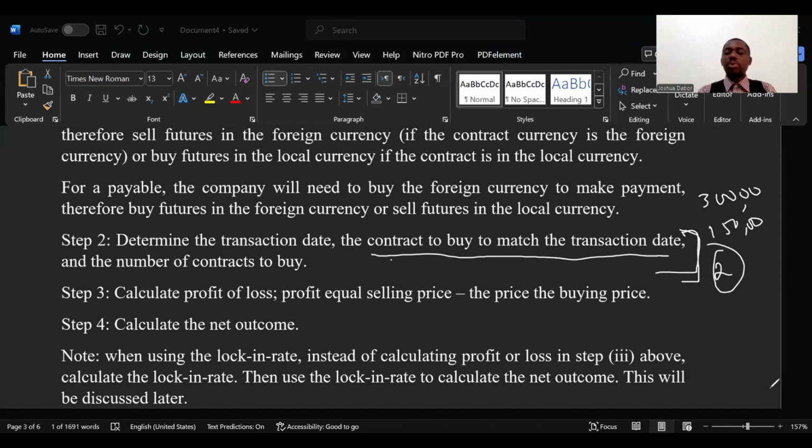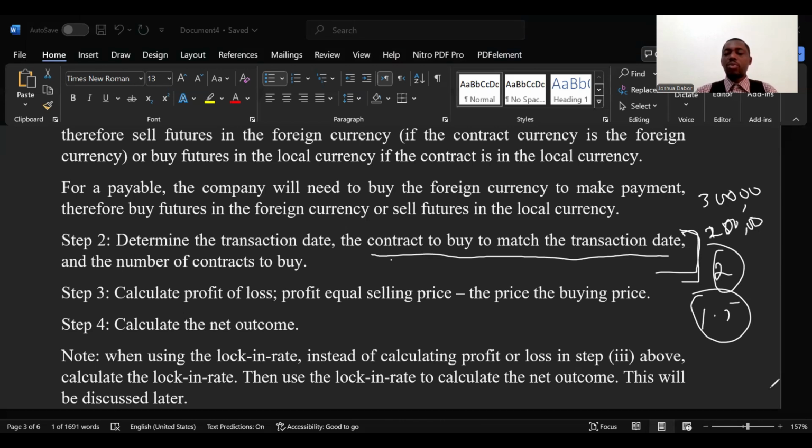So that will help you to know if it is a perfect hedge or if it is not. So peradventure, if the contract size is 200 and you want to hedge 300, that will be 1.5. In the futures market, you cannot buy 1.5 contracts. It has to be in whole number.